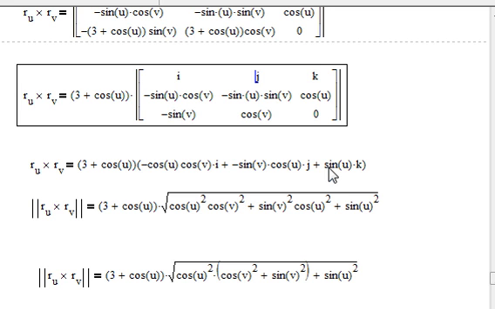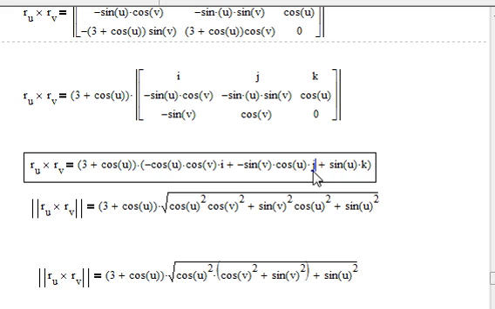But I'm wondering if I made a sign mistake.